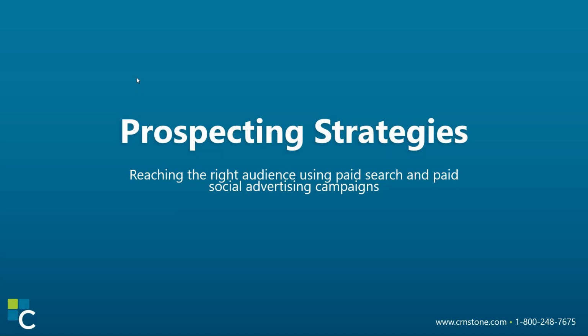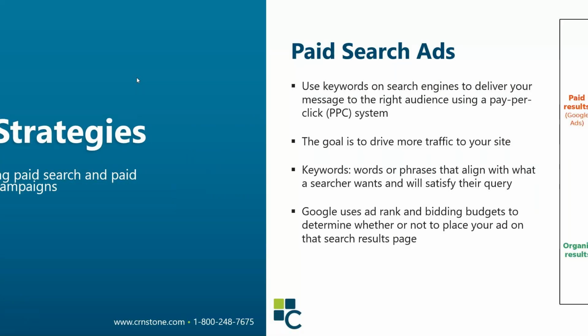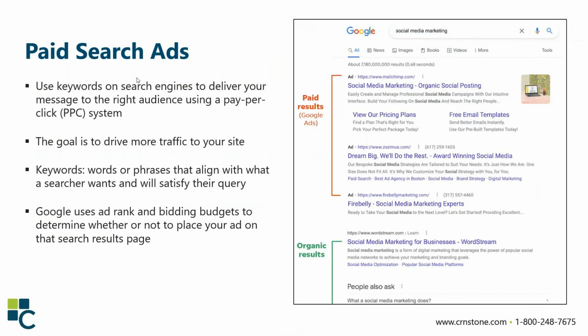So let's talk about both of these, paid social and paid search, in detail. First, we'll start with paid search. Google is the most commonly used search engine and a competitive venue for advertisers. And while there's plenty of reason to still focus on your organic traffic to your website, so that's any non-paid traffic that you are getting to your site from any kind of SEO efforts, you're still going to need a good advertising campaign to get your search results to rank higher than the others.